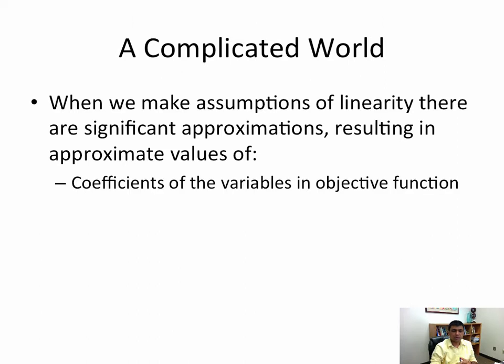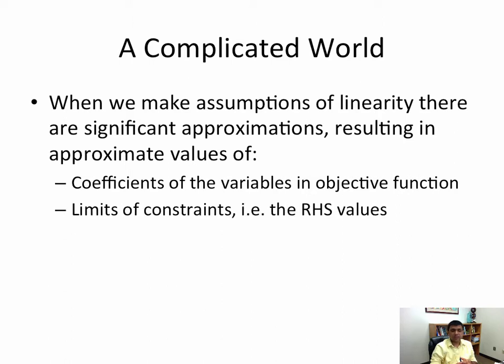For example, when we define our objective function, the objective function uses coefficients of variables. These are actual approximations and they may vary to some extent depending on the system. And similarly, when we define our constraints, then the right hand side values of constraints that we define are some approximations based on our analysis.